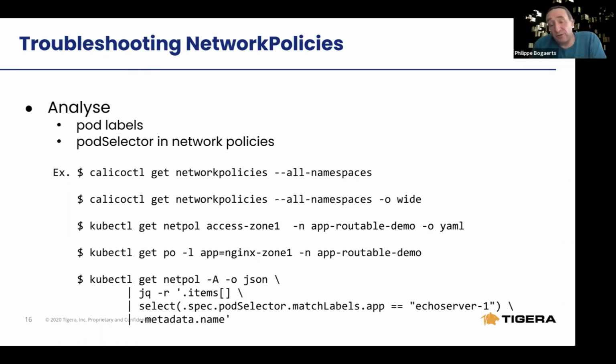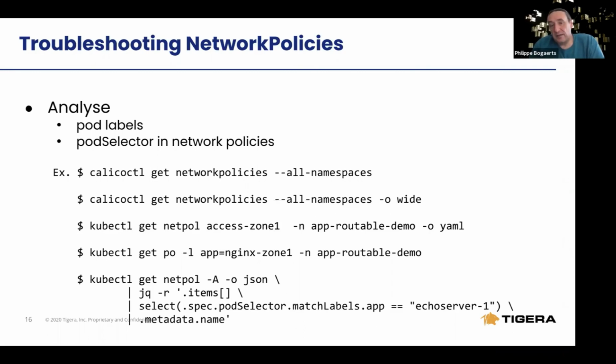What I encourage you to do, if you are using, in this case, the open source versions, and you can replace calicoctl by kubectl if you want, is to first of all see whether there are network policies applied at all. Yeah, so that's very important.